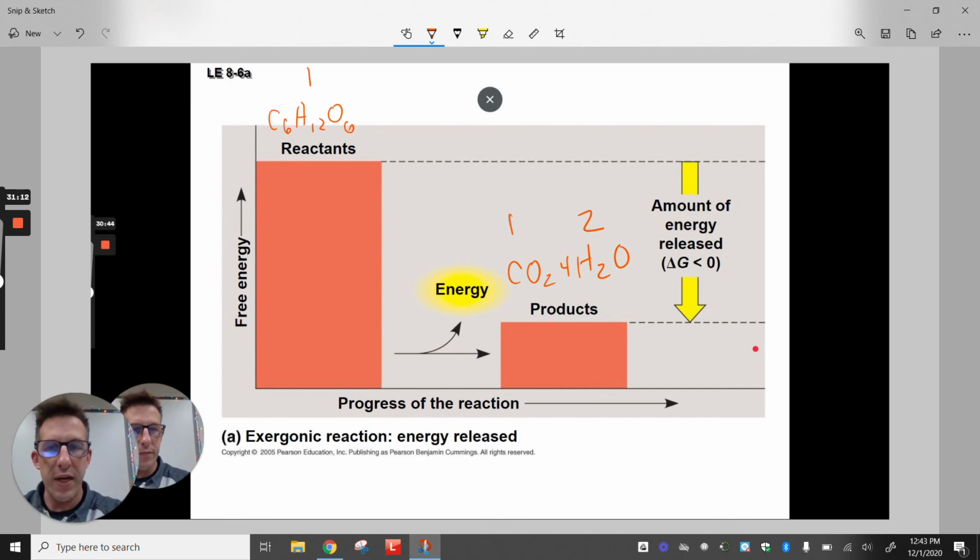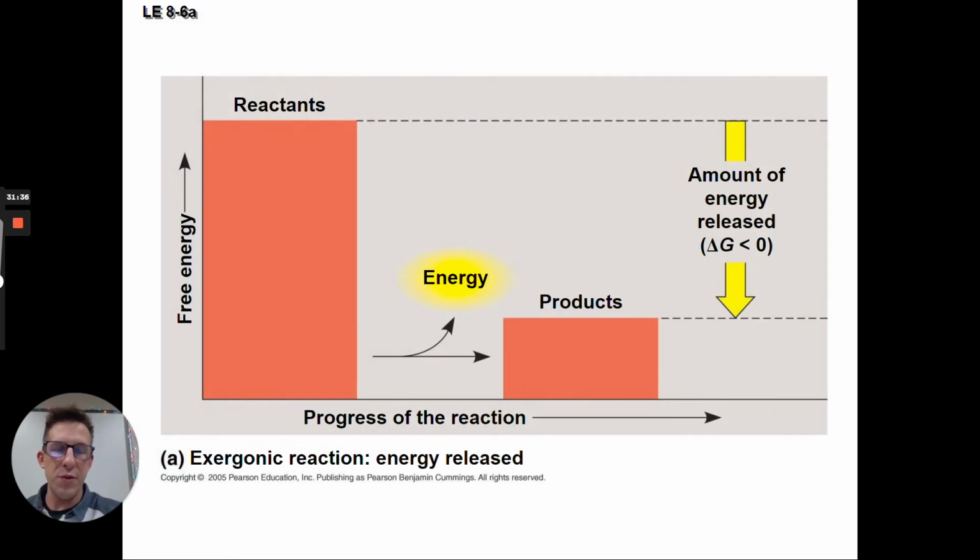This will break down over time spontaneously to two different things. For that to occur, it has to increase the disorder of the universe, and it has. We started with one thing, and we end up with two things. So as a result, we've increased the disorder, and we've got some energy back. So that's how that relates to the idea of the second law of thermodynamics, which we had already talked about.